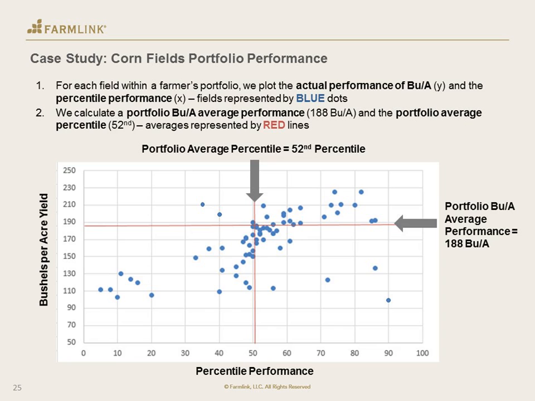For this example, the overall portfolio average percentile for the farmer is the 52nd percentile. This is represented by the vertical red line. The horizontal red line represents the average bushels per acre performance for the portfolio, which in this case is 188 bushels per acre.